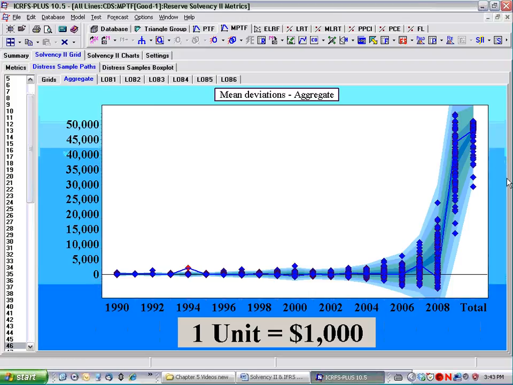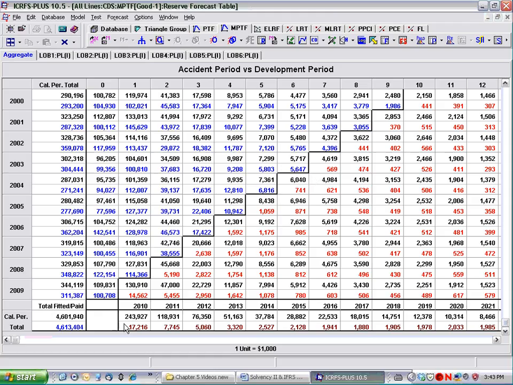So the mean deviations, they actually tell you, for instance, that to be in distress in the aggregate, you're around 50 million, for most of the samples, you're around $50 million away from the mean. So if I go back to the forecast table, yeah, I mean, the 99.5 percentile is around 293 million, so you're about 50 million away.